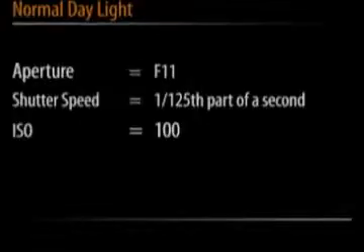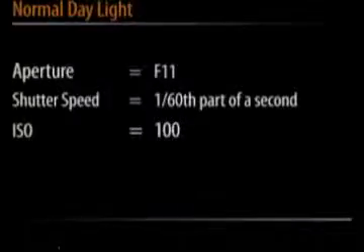For example, you can expose a scene, normal daylight, with an aperture of f11 and a shutter speed of 1 by 125th part of a second with a film of 100 ISO. Now, the same exposure can be made with different combinations of aperture and shutter.